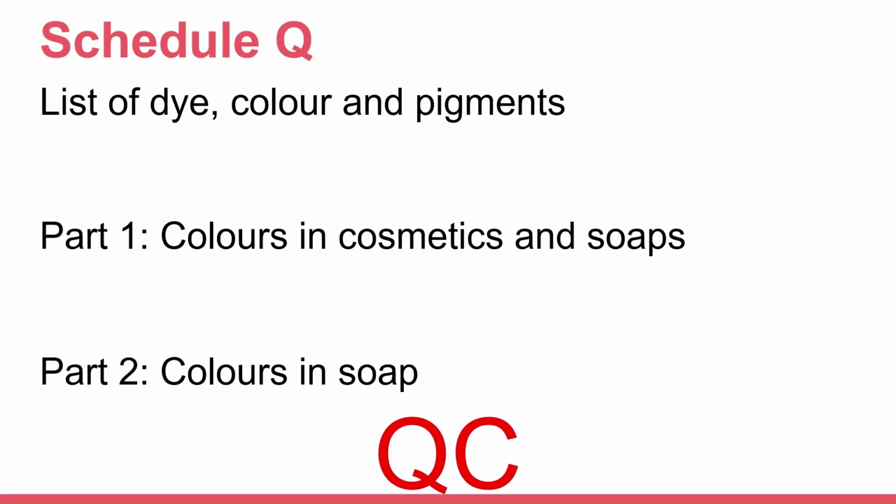So basically Schedule Q states about colors. So we can make a shortcut, QC. This shortcut helps you to remember about Schedule Q. Q is for Schedule Q and C is for colors.